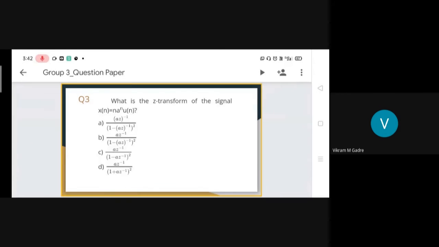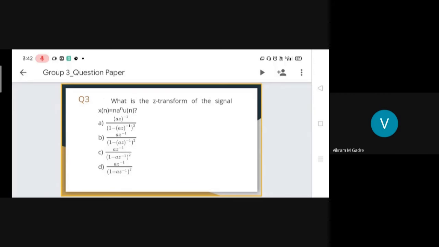Yes, n into a power n u of n. If you are finding it step by step, it may take some time. So it is easier to make use of a property of the Z transform. What is the property?